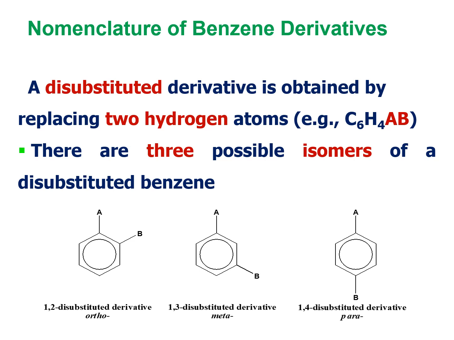So that's why we have only 1 and 2, 1 and 3, and 1 and 4. Going to my right is 1 and 2, 1 and 3, 1 and 4. If I go to my left, it's also 1 and 2, 1 and 3, and 1 and 4. So that's why we have only ortho, meta, and para in disubstituted benzene isomers.